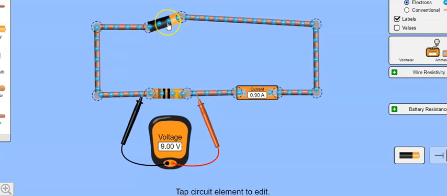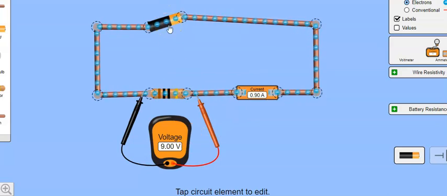The battery has this quantity, this capacity called voltage. The voltage pushes electrons, and we have a voltage reading on the voltmeter and a current reading on the ammeter. So the next question we're going to try to investigate is, what is the mathematical relationship between voltage and current?